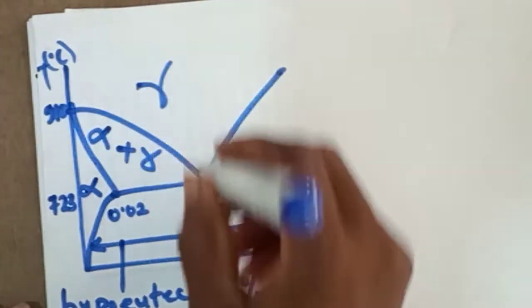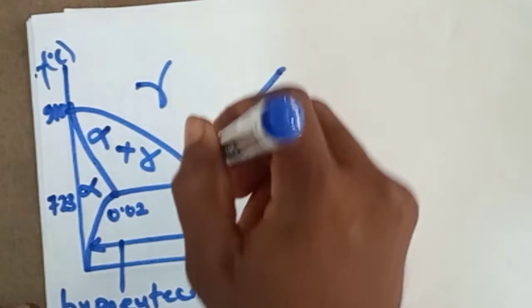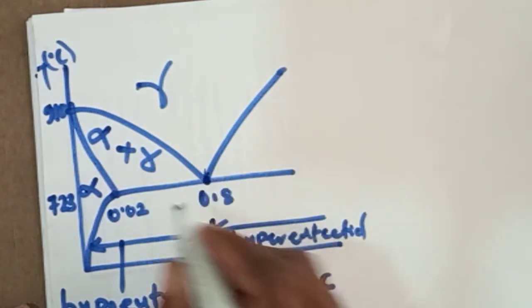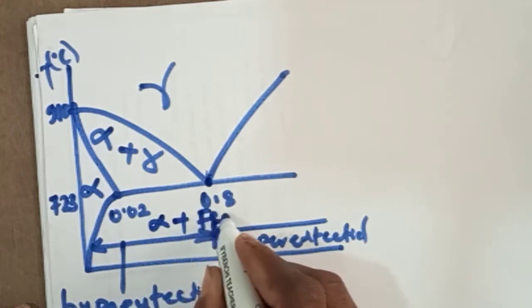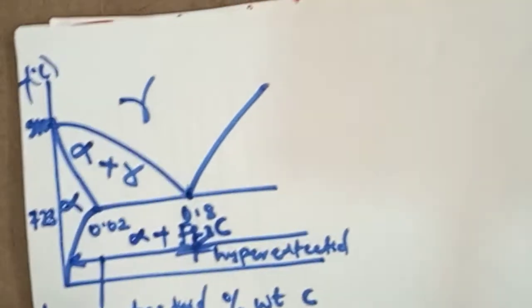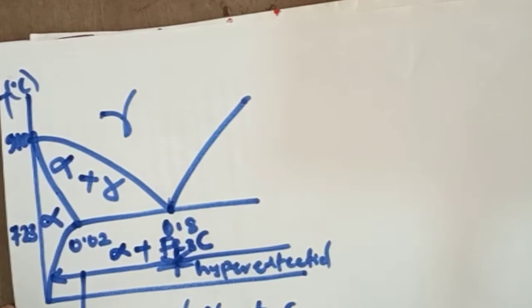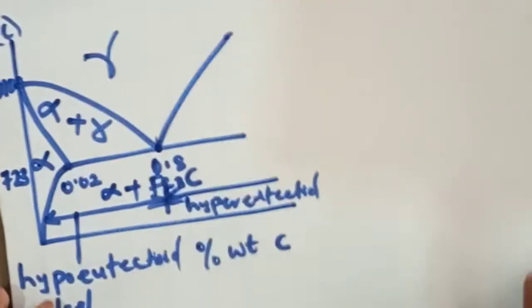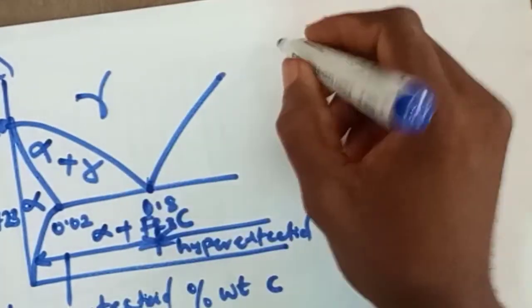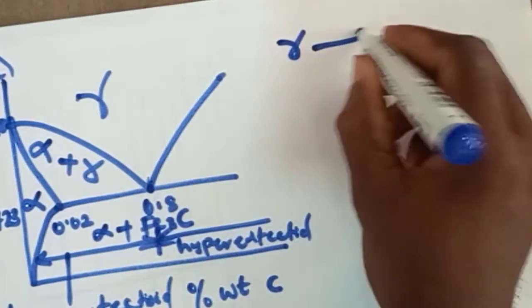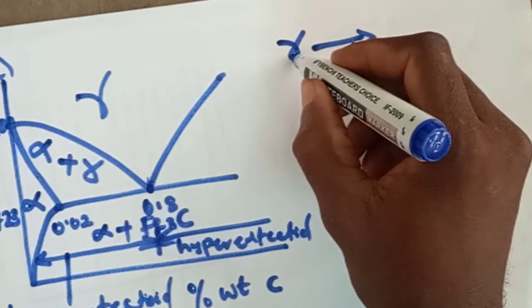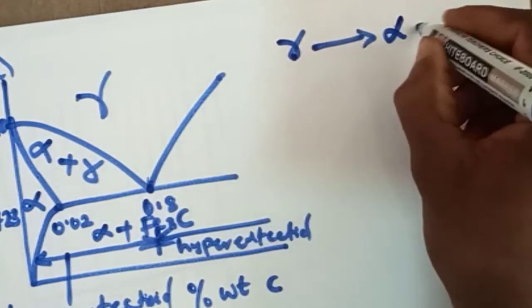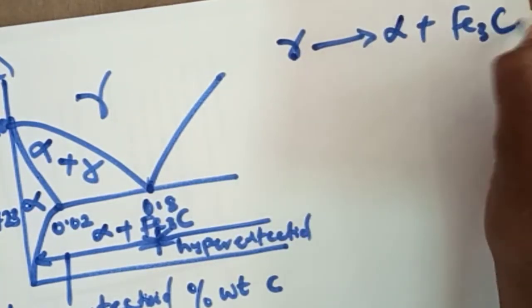Now, if you cool this austenite through this eutectoid point, you are going to have alpha plus Fe3C, which is cementite. Now, if you look at this reaction, that is austenite transforming into alpha, ferrite, plus Fe3C.